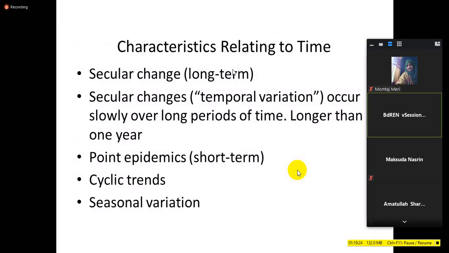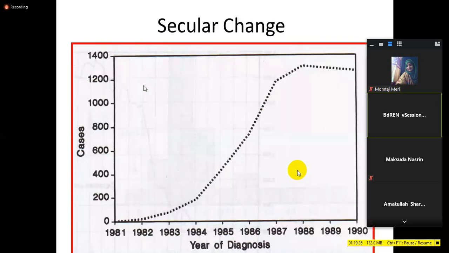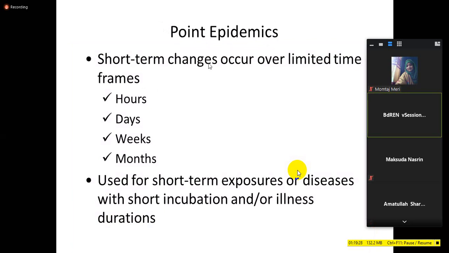So long term change means secular change, and short term change may happen in hours, in days, in weeks and months.